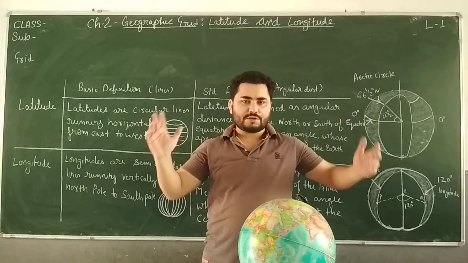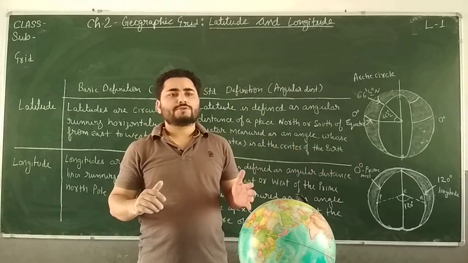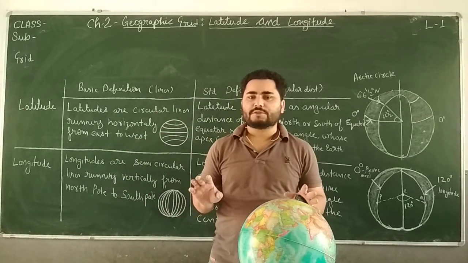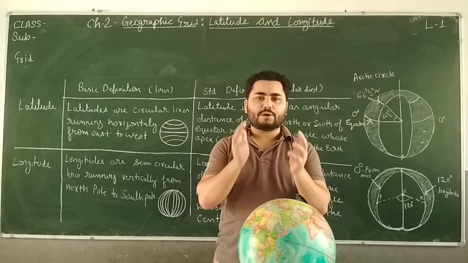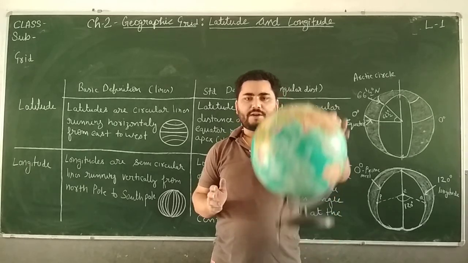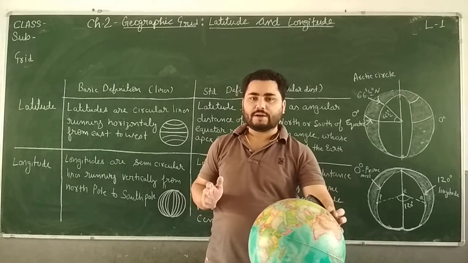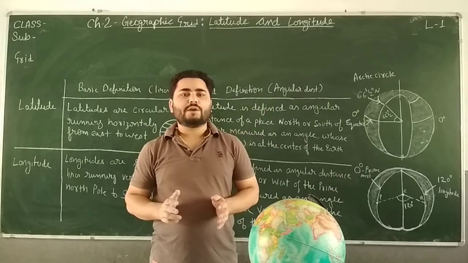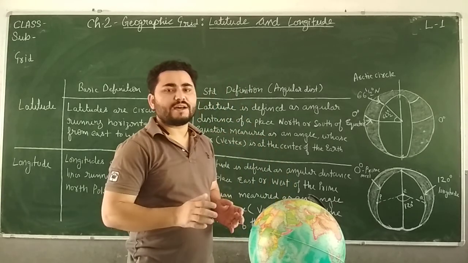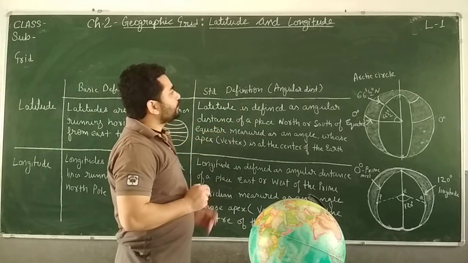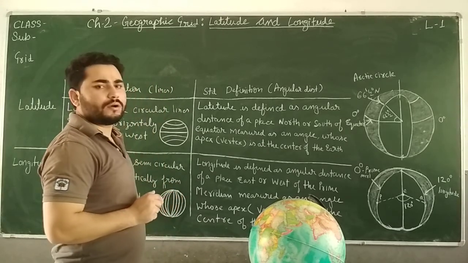We have a very large earth, so is there any line drawn on it? No, these are not real lines, these are just imaginary lines. Like the model of the earth, the globe we have right now here, these lines are drawn on that globe, and from there only we are able to find the location or distances of a place. So these are imaginary lines. Now the question is, what is latitude and what are longitudes?